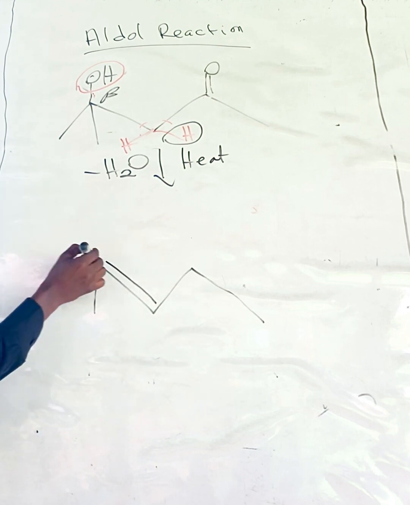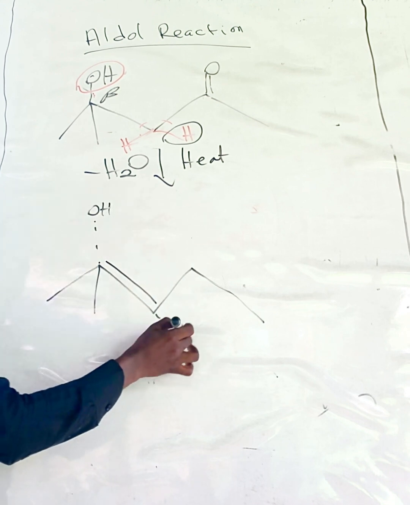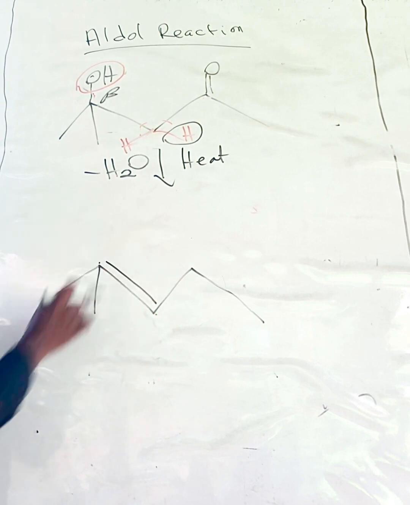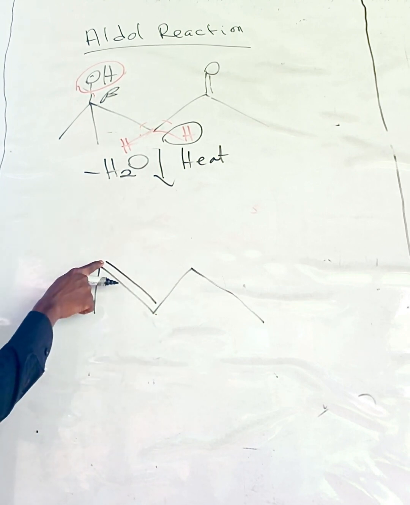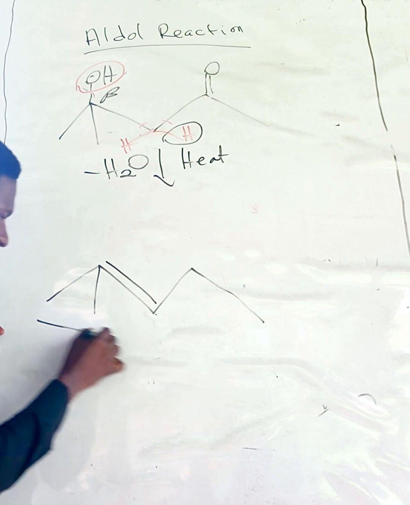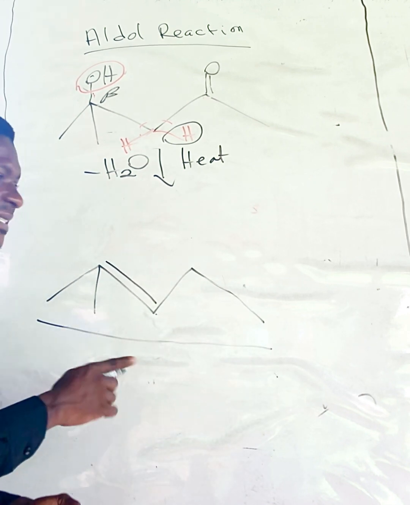Don't forget, it was here that we took the hydroxyl group, and it was here that we took the hydrogen, right? So if I take them off, we end up having a double bond within the system. Please, are you following? Good. This is what we call the Aldol condensation product.